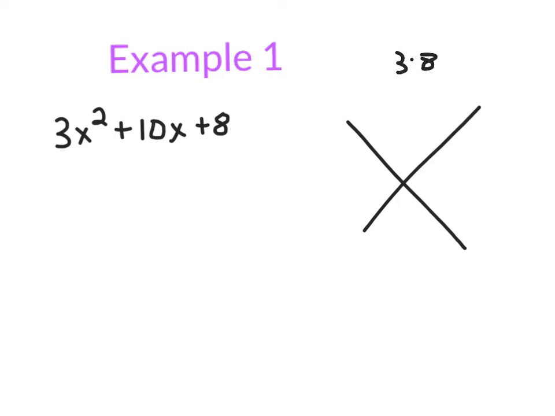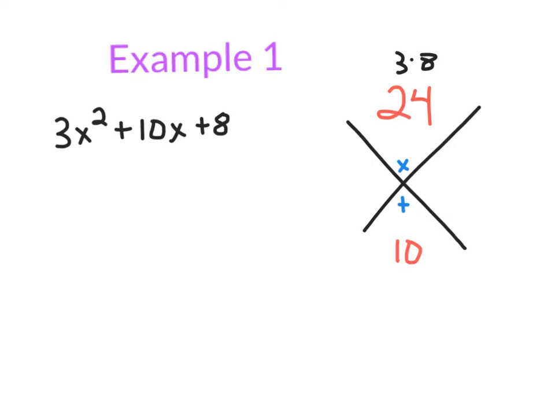So 24 is the number on top. And then at the bottom, we just put B, which is 10. So again, we're looking for the factors of 24 whose sum is 10.